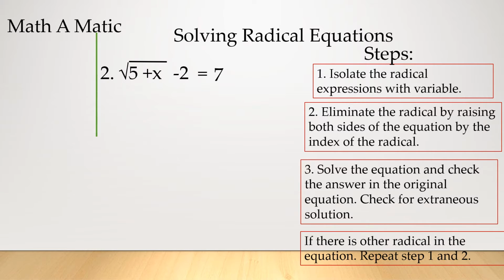Okay, next, let's have another one. First, take note that this minus 2 is not under this radical. So the radical expression is only this one, which means that we can eliminate this one because we need to isolate this, right? So we need to move this to the other side of the equation.